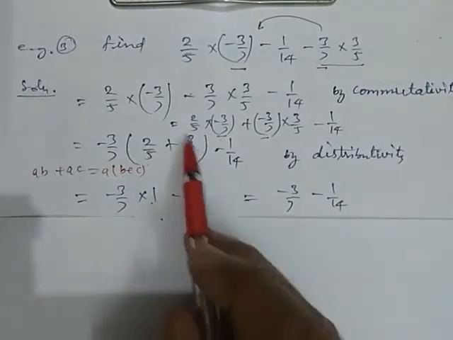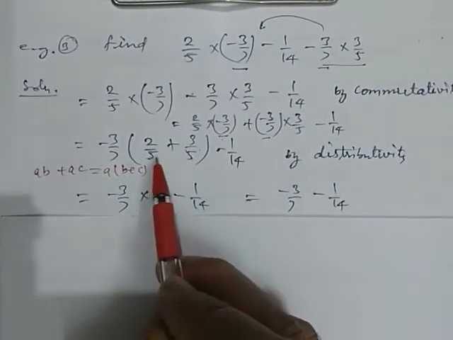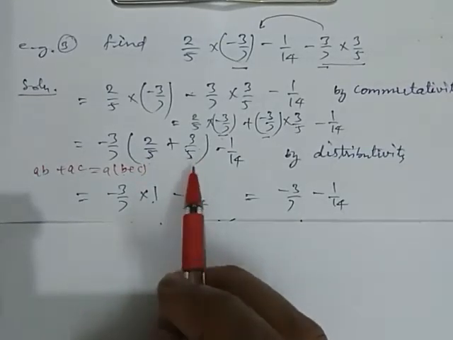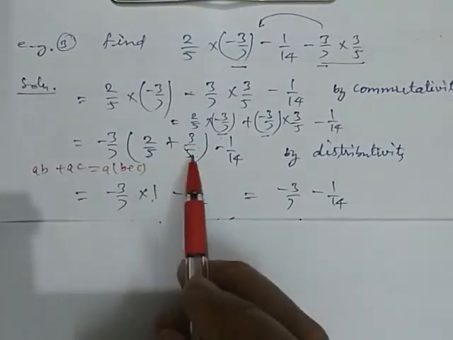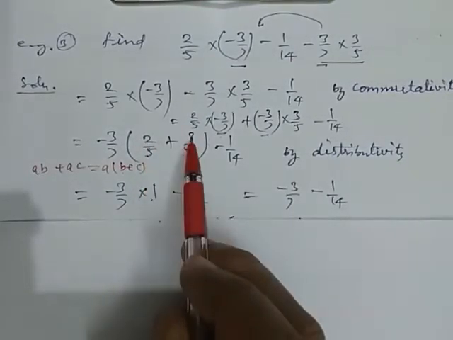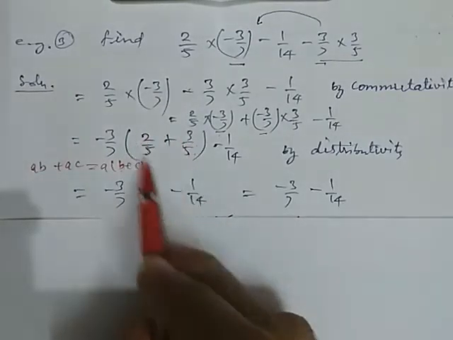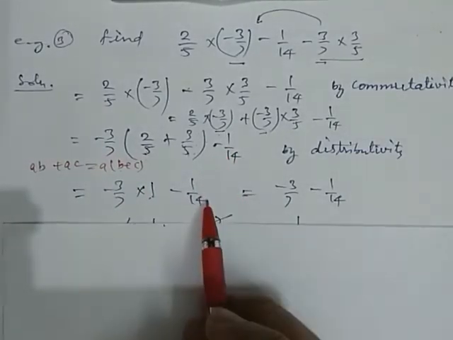Now solve this. Here both the fractions are like fractions. So what happens when we add this? 5 is the LCM and 2 plus 3 is 5. 5 by 5 is 1. So this reduces to 1, and this is minus 3 by 7, minus 1 by 14.